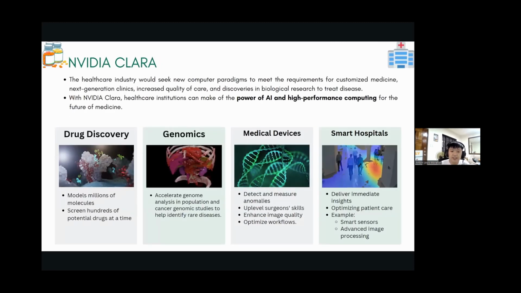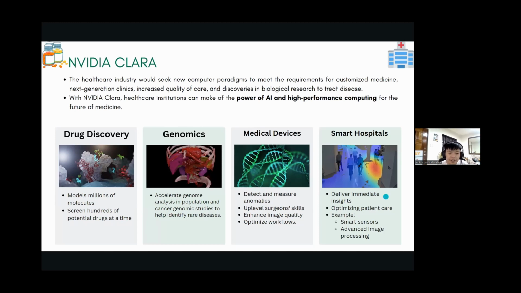Now let's discuss the ones that are not very popular to the public, because all we think of with Nvidia would be games and video editing, but there are also more, like Nvidia Clara, which is for healthcare. The healthcare industry would need new computer paradigms to meet the requirements of customized medicine, next generation clinics, increased quality of care, and discoveries in biological research to treat disease.